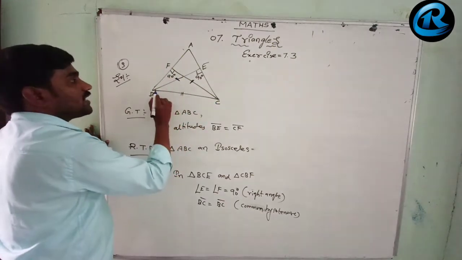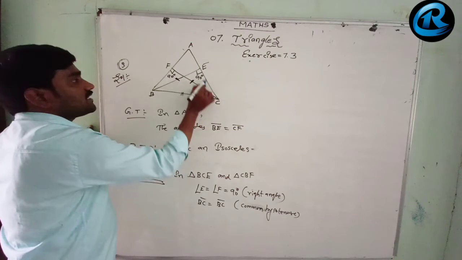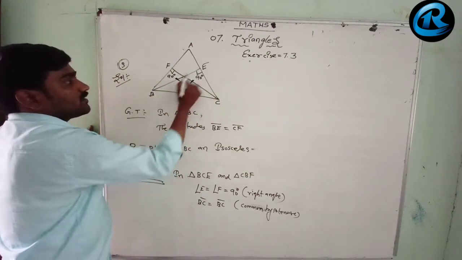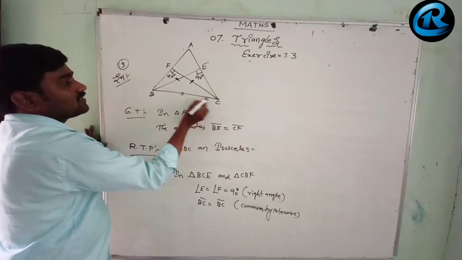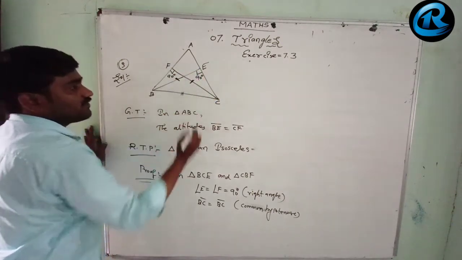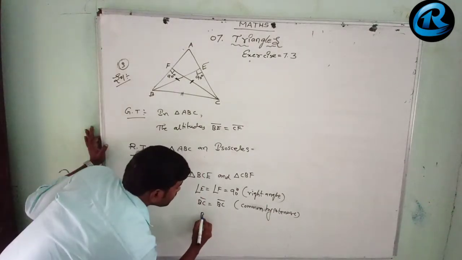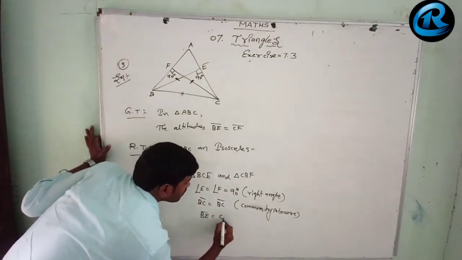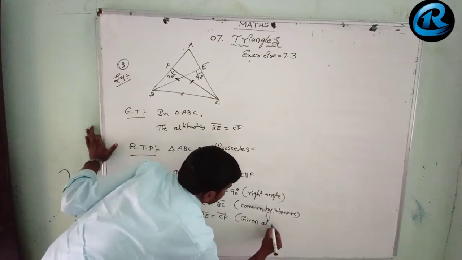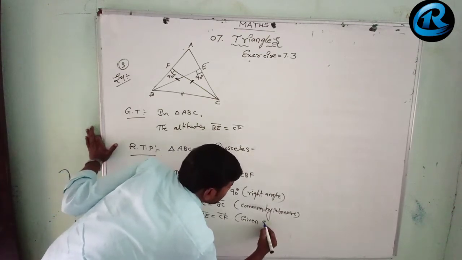In BCE that is BE, and in CBF that is CF, where BE is equal to CF. These are the given equal altitudes.